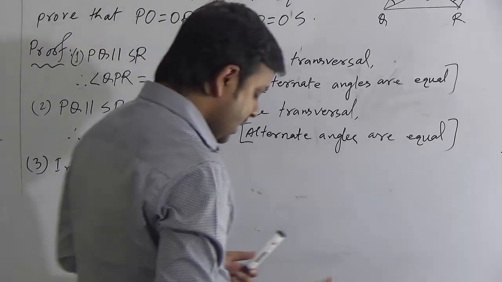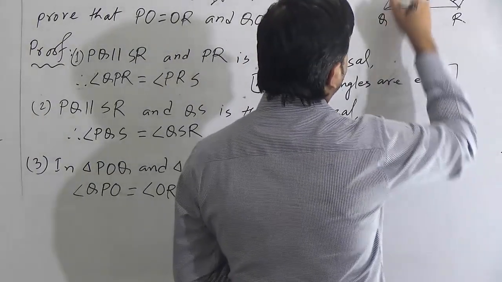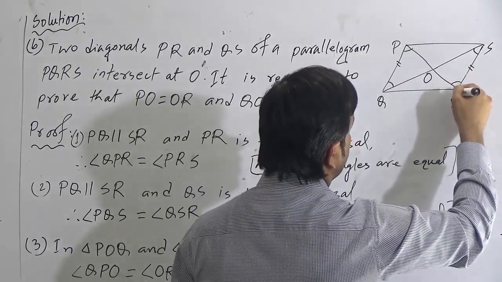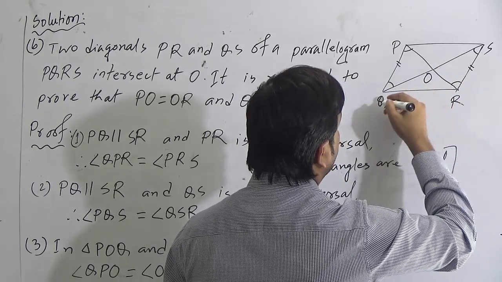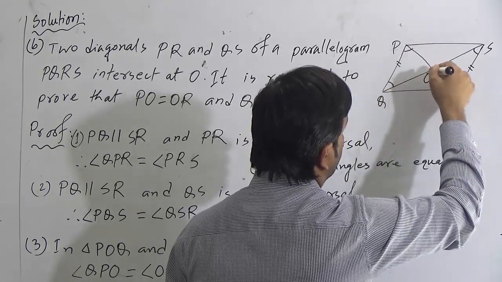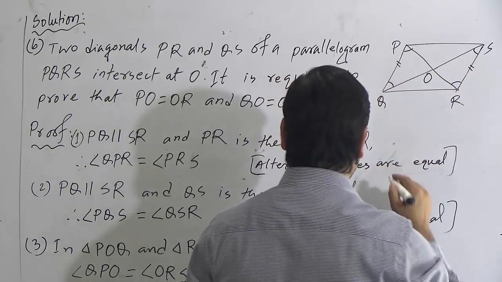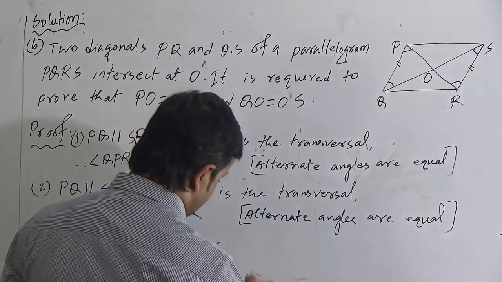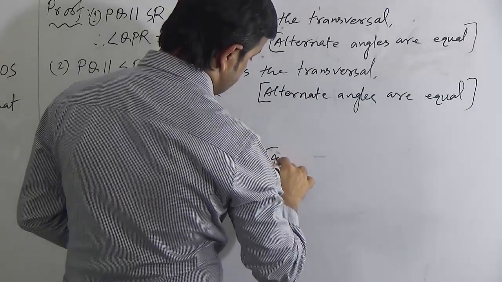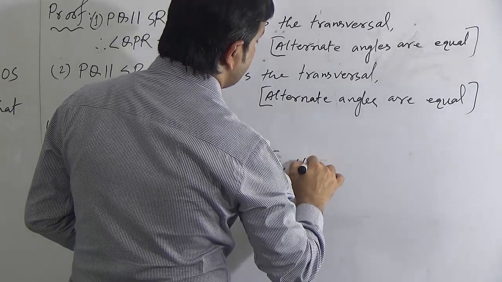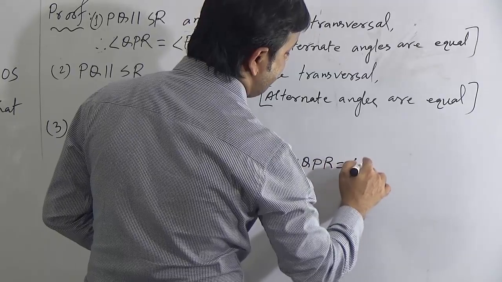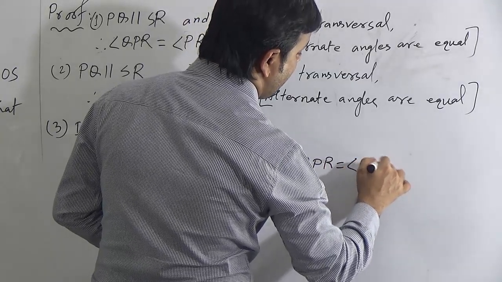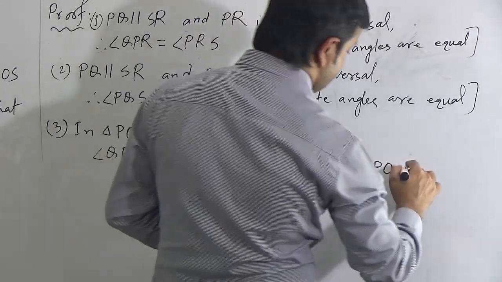Dear students, in the first step we have shown QPR is equal to PRS. Here O and R are on the same line, so we can say QPR means QPO. It means that we can write in the side note as angle QPR is equal to angle QPO.